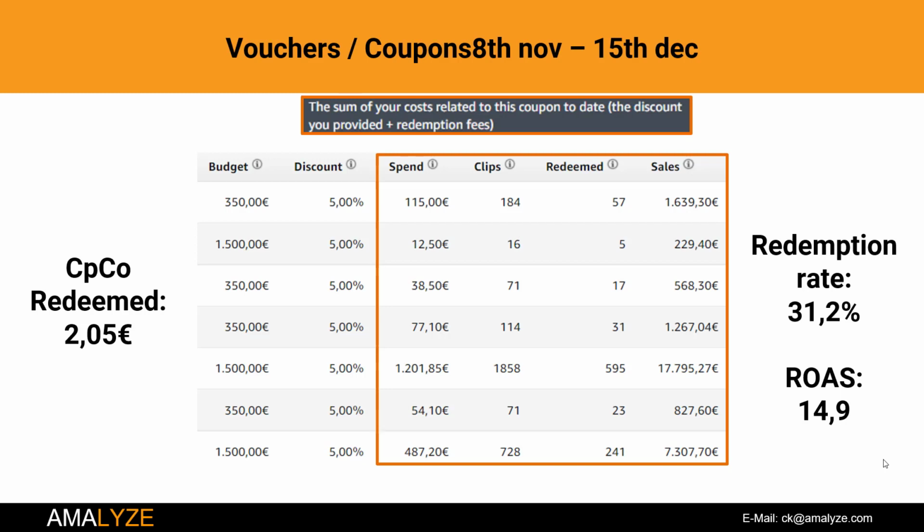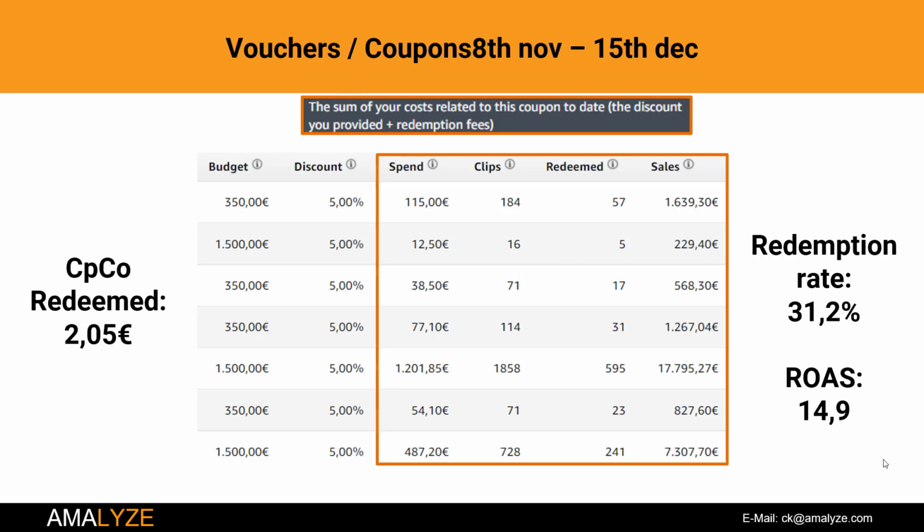The redemption rate is over 30%, which is okay with a 5% discount. The ROAS is 15%, and from my point of view that is absolutely too high. That means, from my point of view, that I would have gotten those sales even without any coupon. To double check that, or if you are in the same situation, just raise your discount, and what you should see is a higher redemption rate.